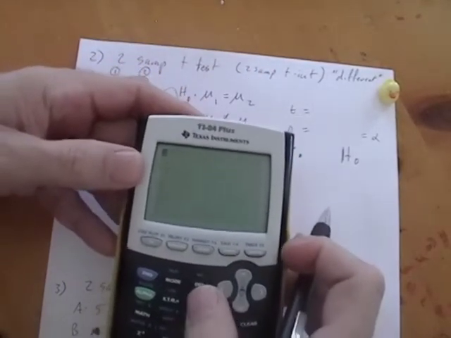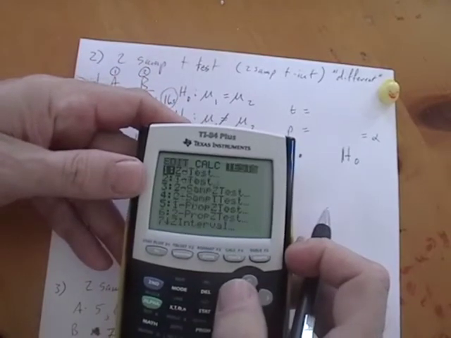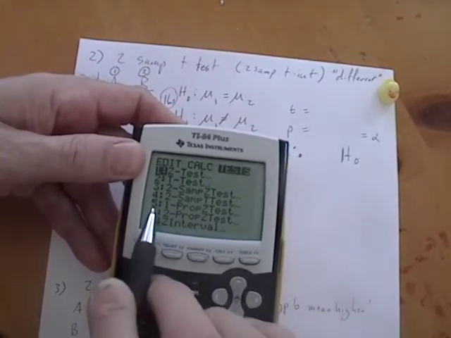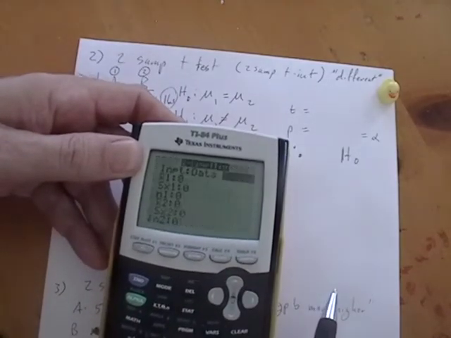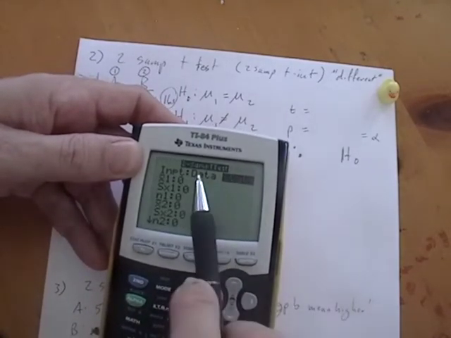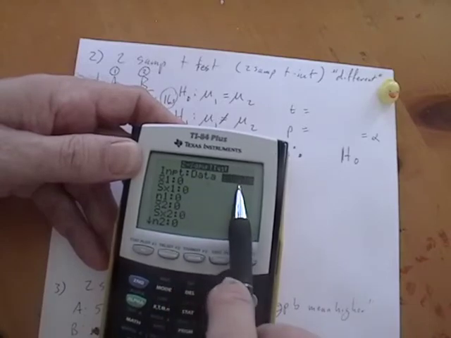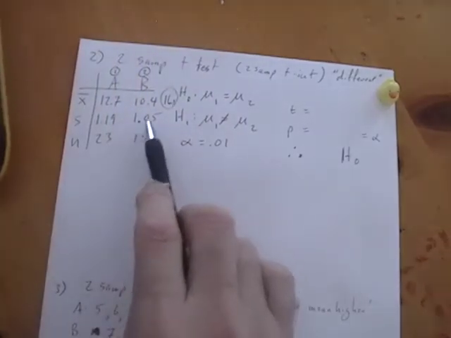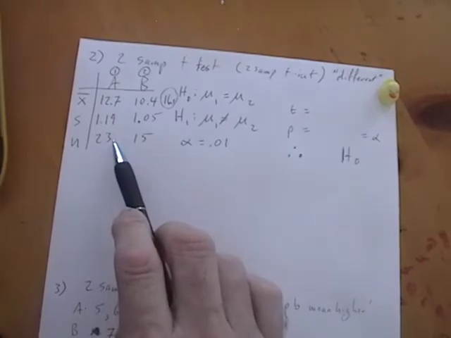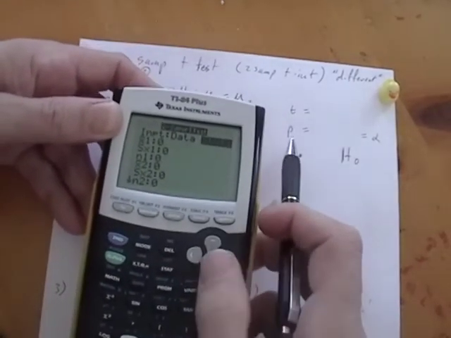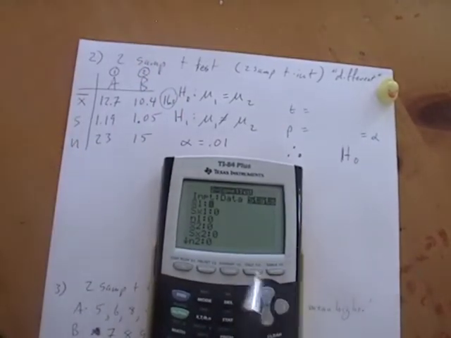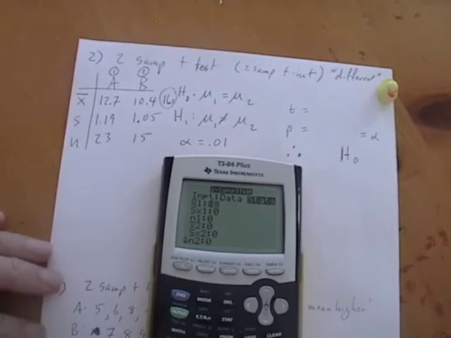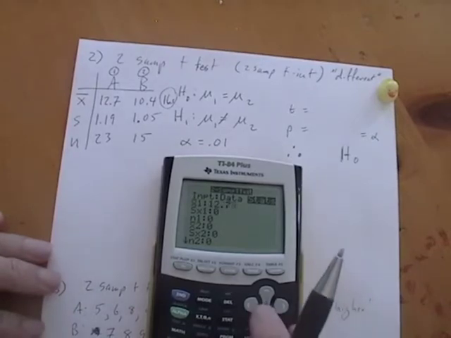On the calculator, stat, tests, 2-SampTTest is line 4. I get to choose between raw data and summary statistics. These are summary statistics, the x bar, the s, and the n. So I'm going to fill them in. x1 is 12.7.